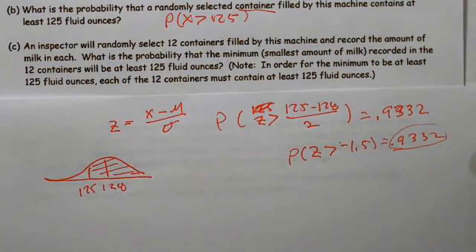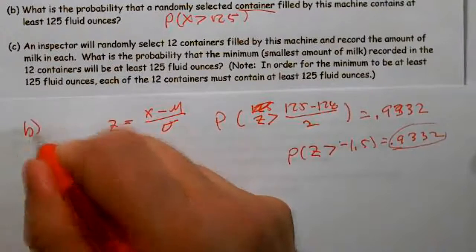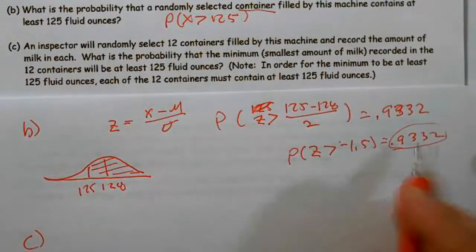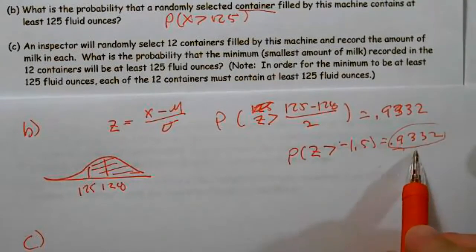In order for the minimum to be at least 125 ounces, each of the 12 containers must contain at least 125 ounces. Well, what's the probability that one container contains 125 ounces? Oh, the probability of one is 0.9332. We just calculated that.